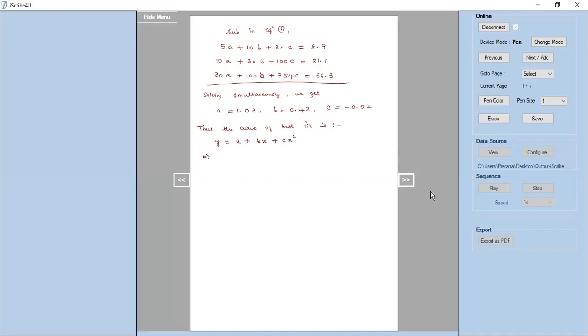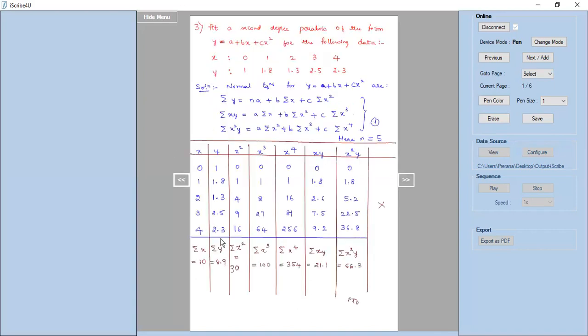This gives us y is equal to 1.08 plus 0.42 x minus 0.02 x square. So this is how we are able to solve a second degree parabolic equation.